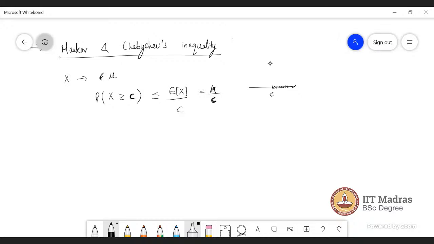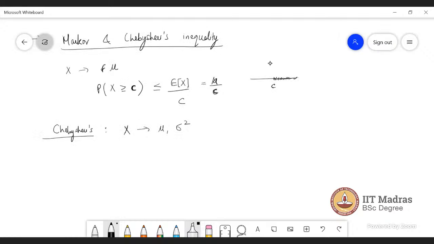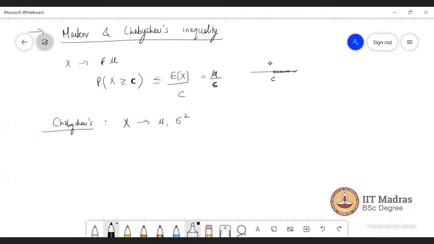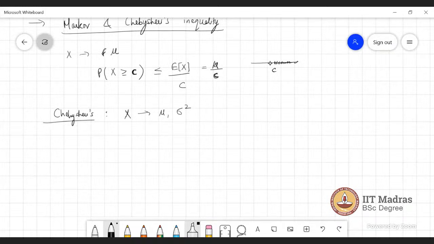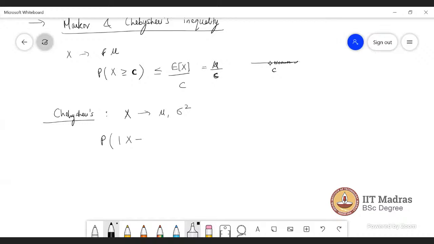Now you can also prove, okay, so I will write the Chebyshev's inequality first. In case of Chebyshev's inequality, if you also know the variance for the random variable x, let's say you have a mean mu and variance sigma square, then the Chebyshev's inequality states that the probability that mod of x minus expectation of x is greater than or equal to k sigma is less than or equal to 1 upon k square.